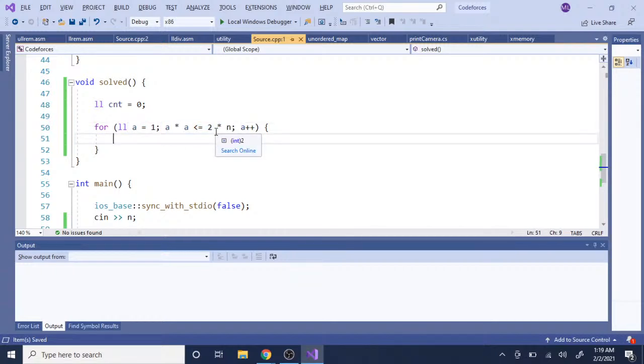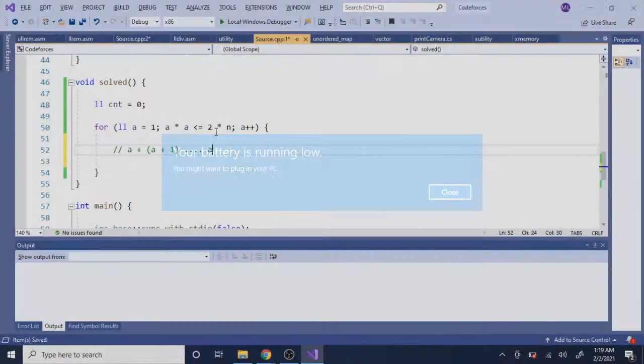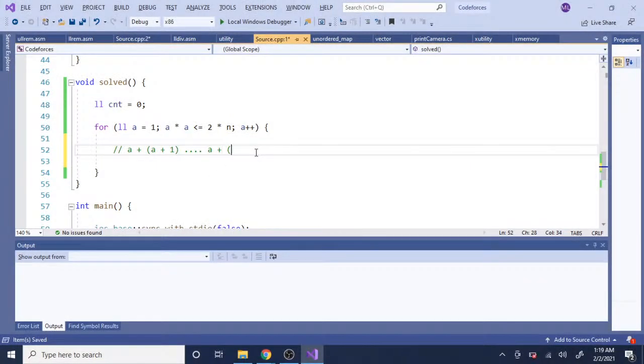This implies that if we're summing from a plus 1 up to a plus k, this 1 to k is k times k plus 1 over 2.